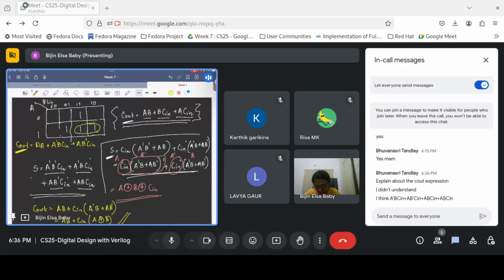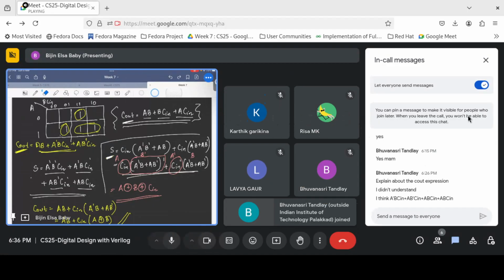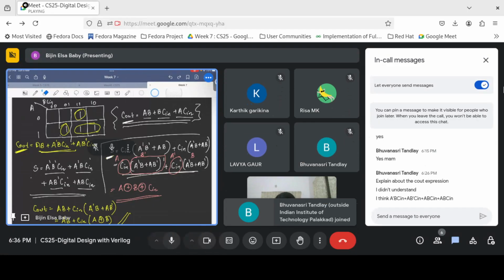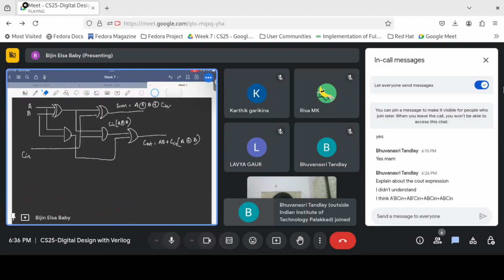For this, we are going to take this pair and this one as individual terms. So from this, we will get this expression. By simplifying this expression, we will get this. So when we draw this logic diagram, we can understand that we can construct this full adder using two half adders.